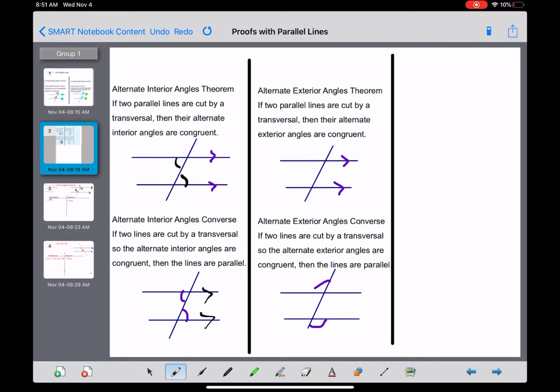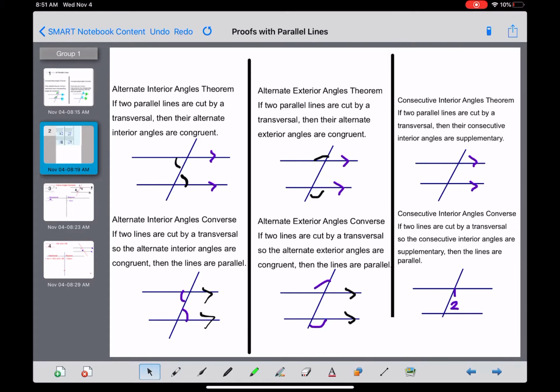The alternate exterior angle theorem states if we have two parallel lines, we can draw the conclusion that alternate exterior angles are congruent. The converse of that is that we are starting off with alternate exterior angles being congruent. Therefore, our two lines are parallel. And finally, we have consecutive interior angles.